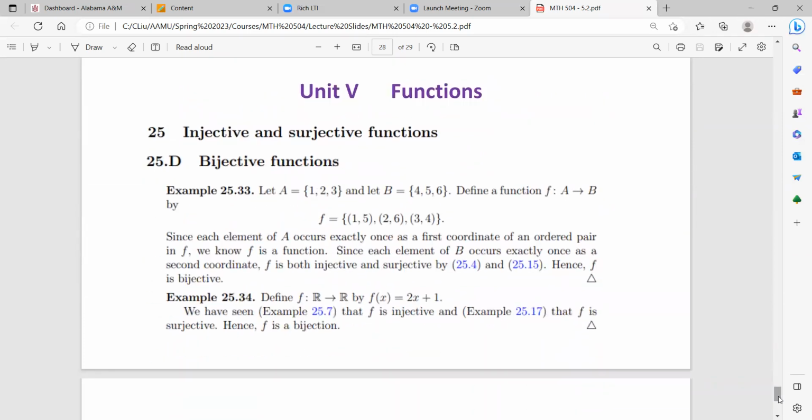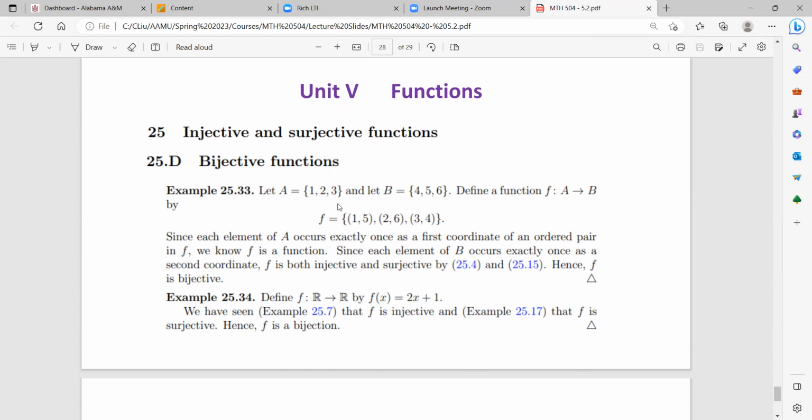Let's just look at some simple examples. Suppose the set A has three numbers, 1, 2, and 3, and B also has three numbers, 4, 5, and 6. So we got two sets. Then we can define a function f from A to B by those ordered pairs. Functions are just ordered pairs, right?